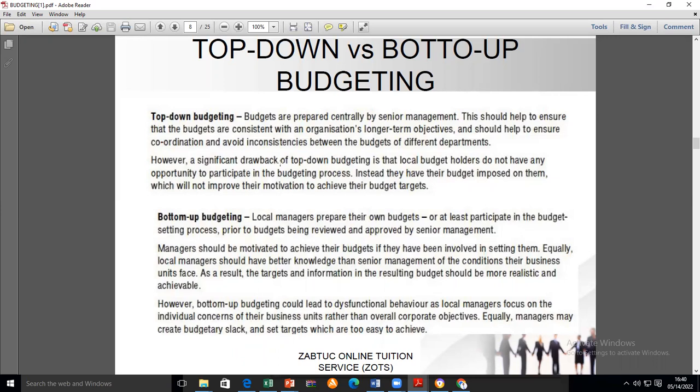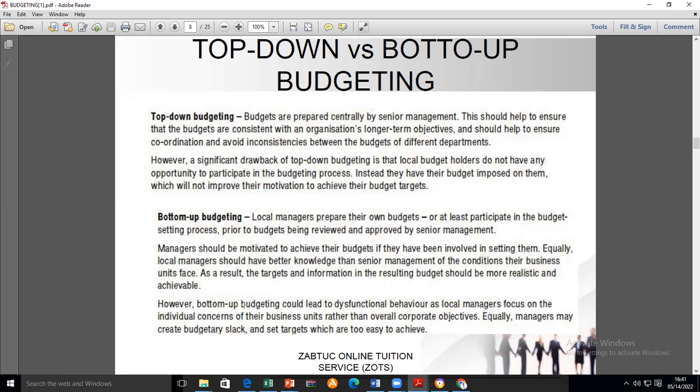Advantage: managers should be motivated to achieve their budgets if they have been involved in setting them. Equally, local managers should have better knowledge than senior management of the conditions their business units face down there. Benefit: as a result, the targets and information in the resulting budget should be more realistic and achievable.